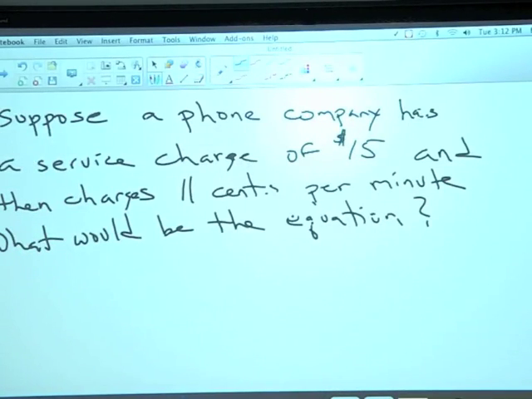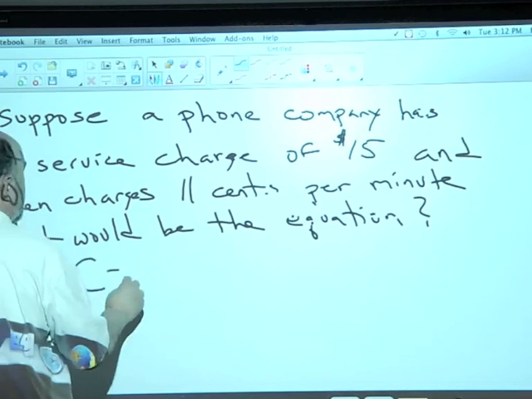So, phone company charges $15 and then 11 cents per minute for your phone calls. So what would be the equation that'll tell you how much your bill's going to be? 11x plus 15? Okay. So we got one example.